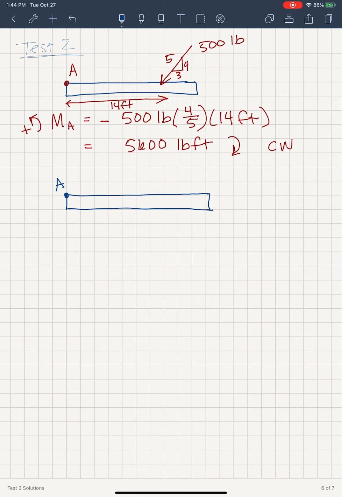F3 was down here, 160 pounds, at 30 degrees. And this whole beam is 19 feet. It's 8 plus 6 is 14 plus 5 is 19 feet. And then we also have this dimension here, which is 0.5 feet.